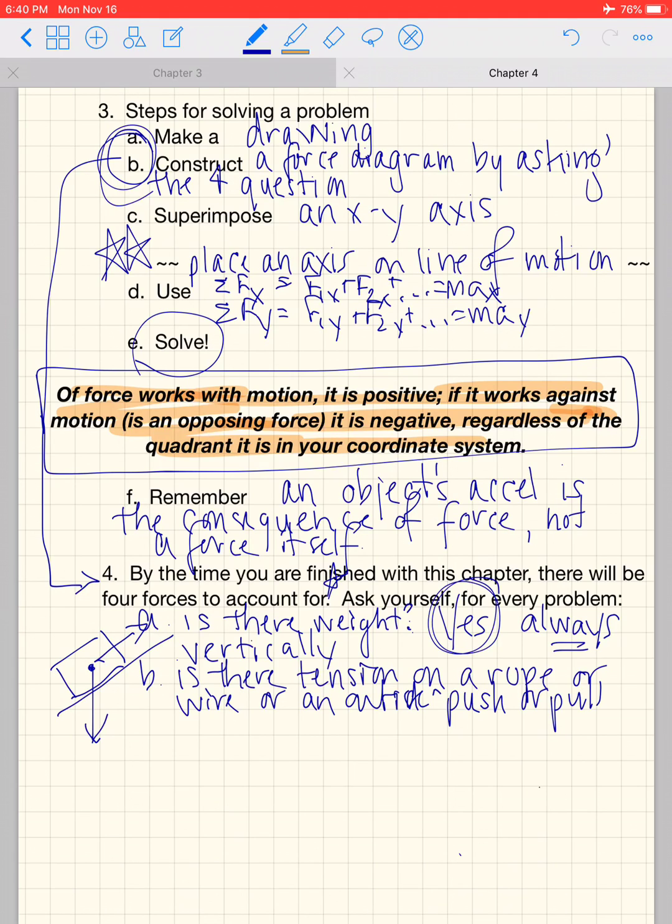The one that I gave you, there was a rope attached to it that was pulling it up. So ask yourself, is there tension on a rope or wire or an outside push or pull? That's not always going to be yes. Sometimes it's going to be yes. And the next one is, is there force of contact?